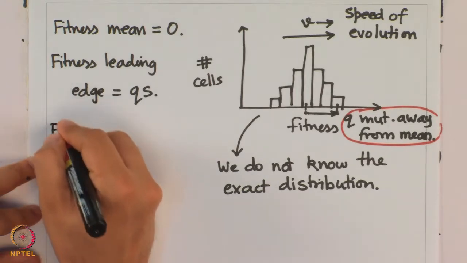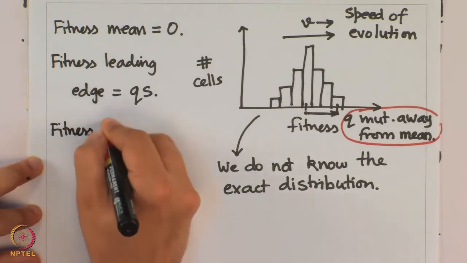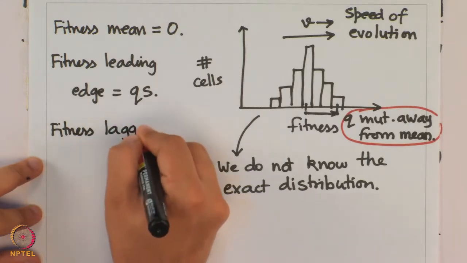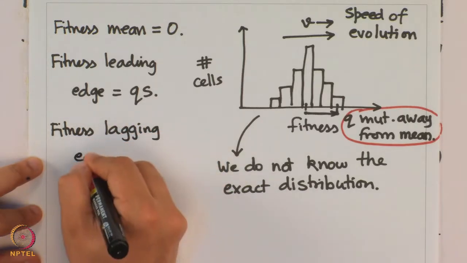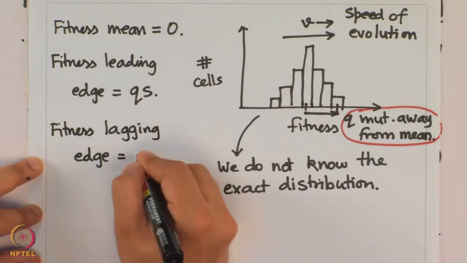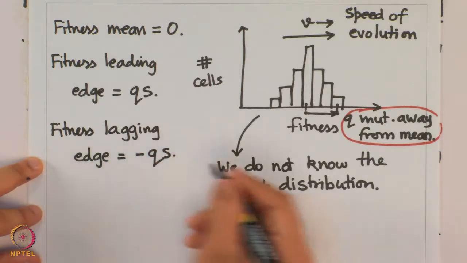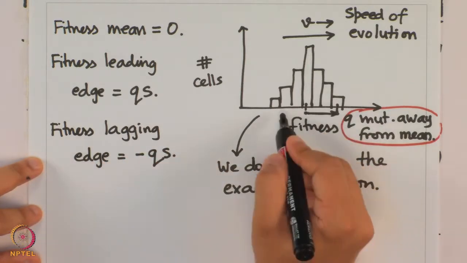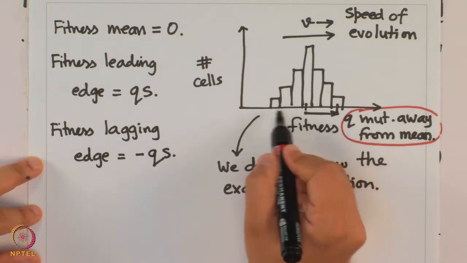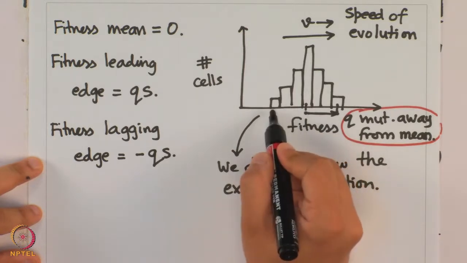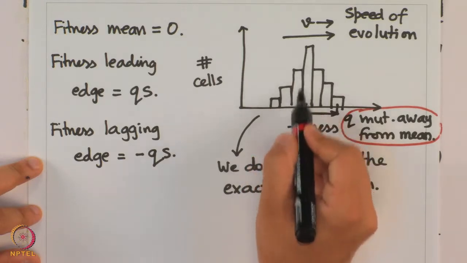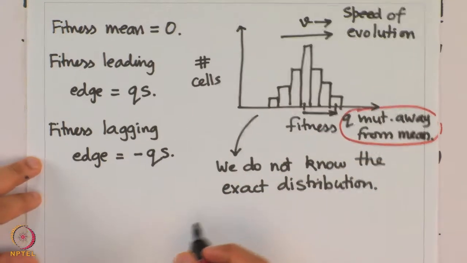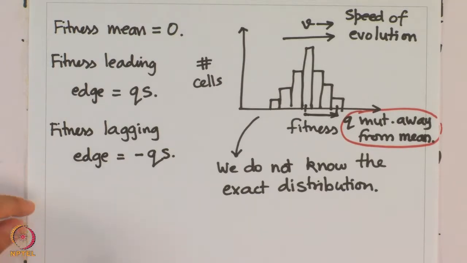Similarly, the fitness of the lagging edge will just be equal to minus qs, because the distribution is symmetric about the mean. So, the lagging edge is q deleterious mutations, or q less beneficial mutations, as compared to the mean, and hence its fitness can be quantified as minus qs.